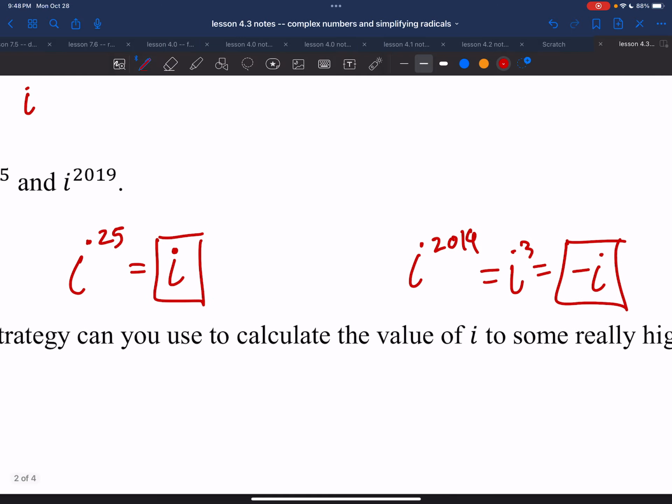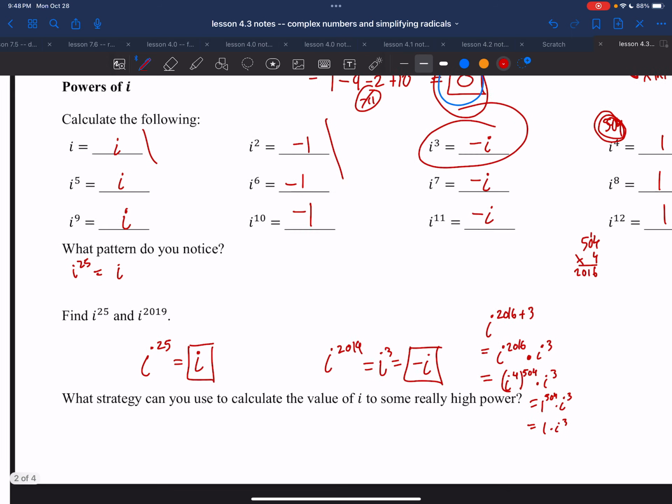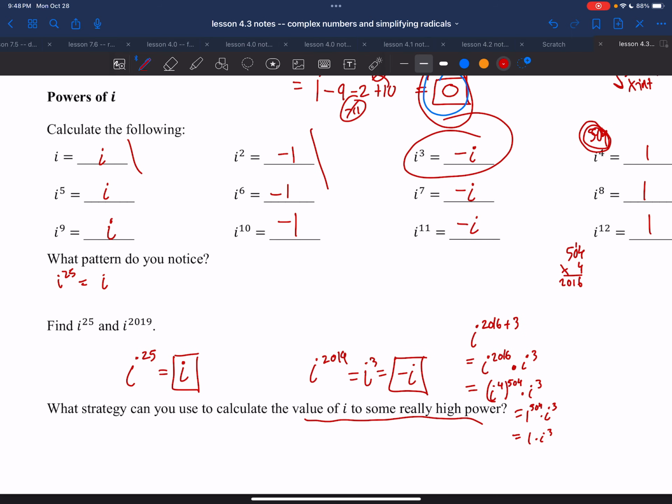The strategy you can use to calculate i to some really high power is just divide the exponent by 4 and look at the remainder, right? And that's pretty much it. You divide it by 4, look at the remainder.